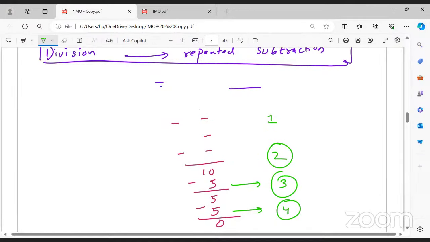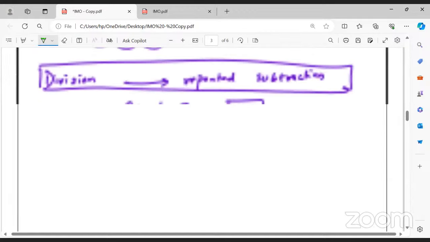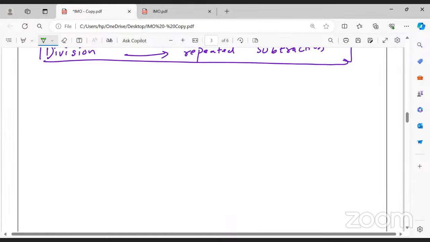Now, do you know there is a story to do division? Do you know how to do that? Division means what? Equal sharing. So division is just like your family member. How is it like a family member? Who can tell me that?